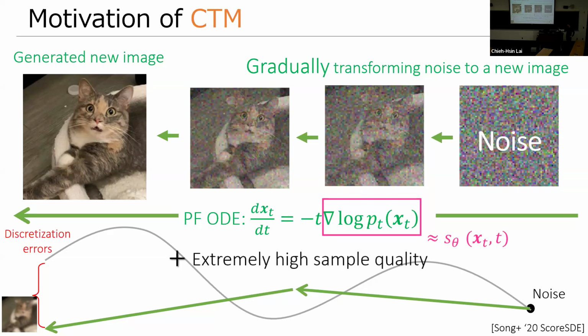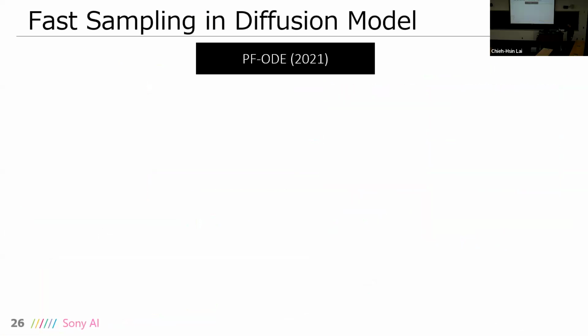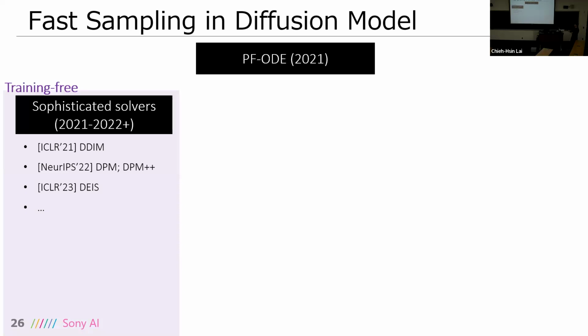And this becomes a trade-off between your sample quality and the speed. If you prepare more steps for ODE solving, you can get better quality, but it will also be slow, and vice versa. So it is a trade-off. Okay, so based on this ODE solving perspective, it stimulated a lot of work to make diffusion model generation fast. One track is training free, where people just bring sophisticated numerical solvers from the math literature to improve generation.